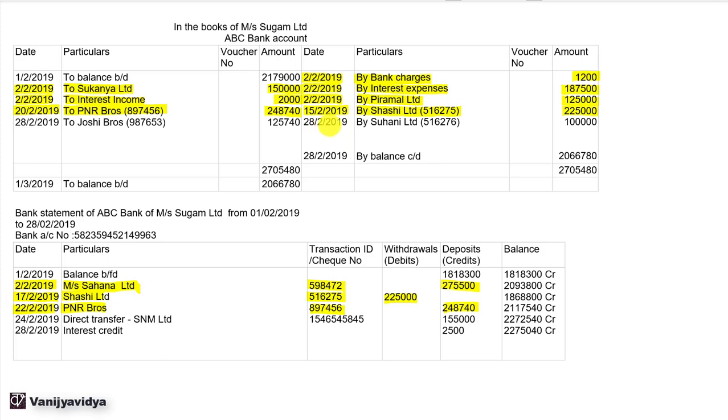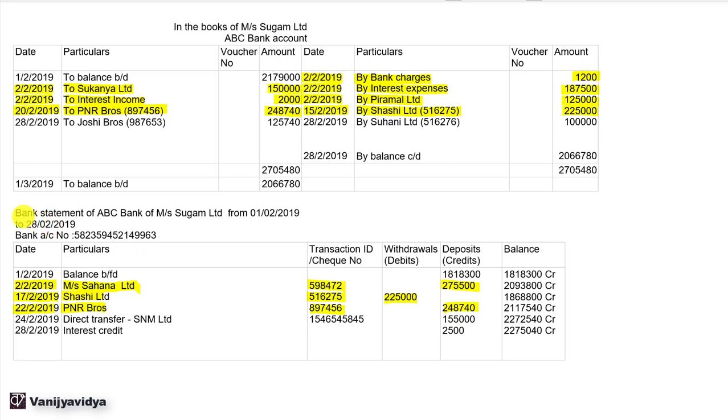Then 20th Feb 2019 by Suhani Limited, 516,276, 1 lakh. Let's see if we can find this check number 516,276. There is no check number of 516,276. So this is check issued but not presented, 1 lakh. So this will be part of our bank reconciliation statement.